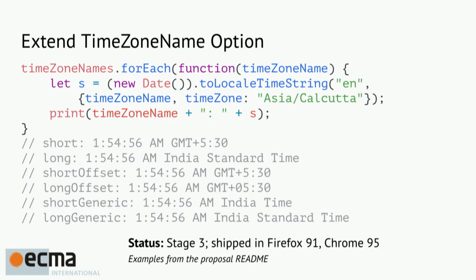The time zone name option is another one that's coming up. The base ECMAScript only supports the short and long forms of time zones. This proposal adds new forms and more new formats for displaying your time zone. It adds short and long, offset, and generic formats, which you can see here.